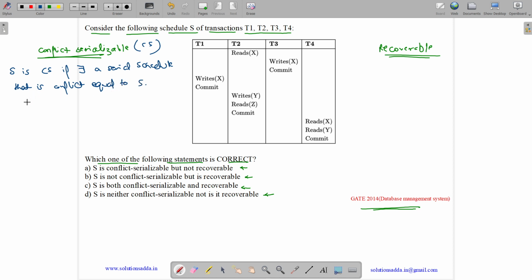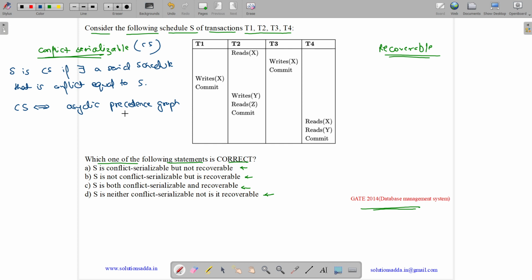And the shortcut for doing this is, a schedule is conflict serializable if and only if it has an acyclic precedence graph.